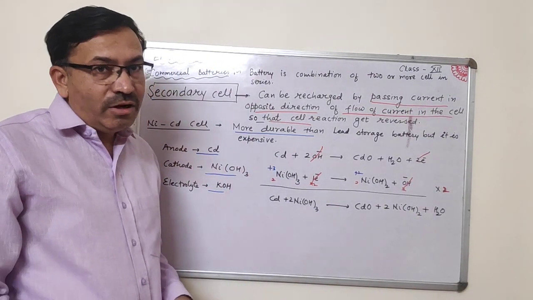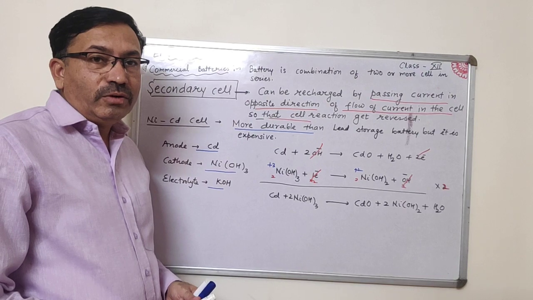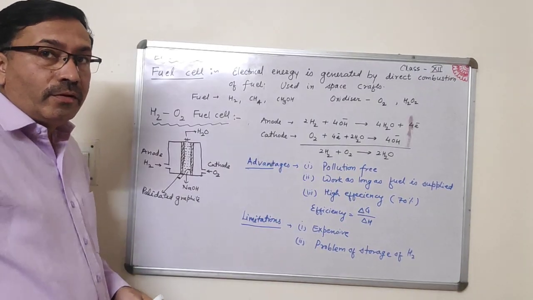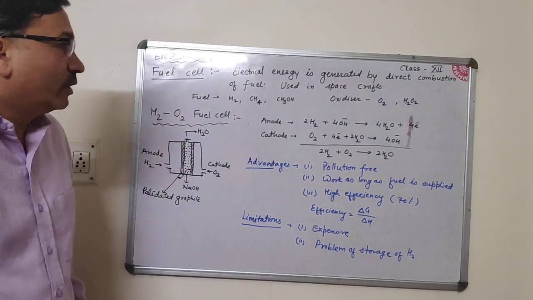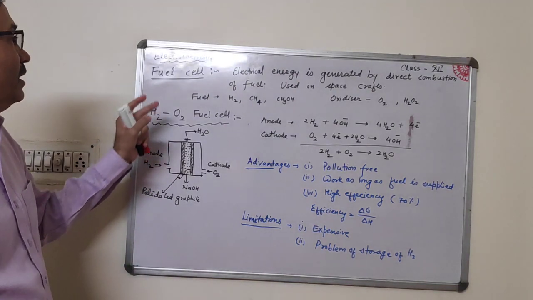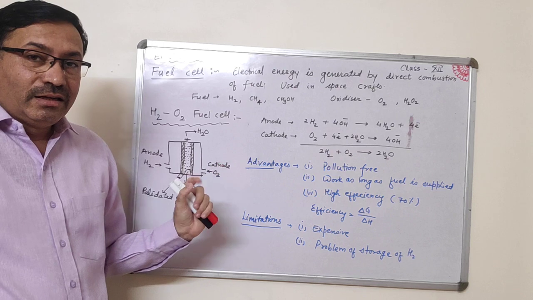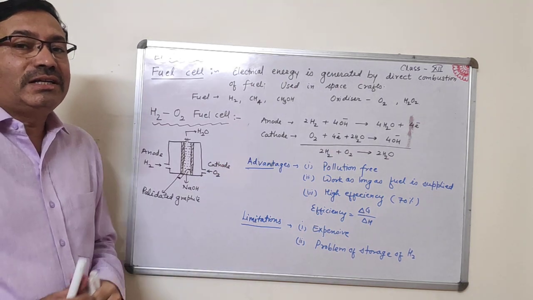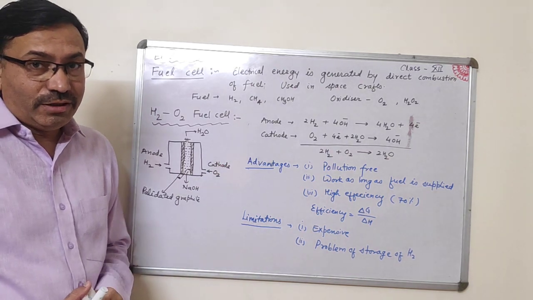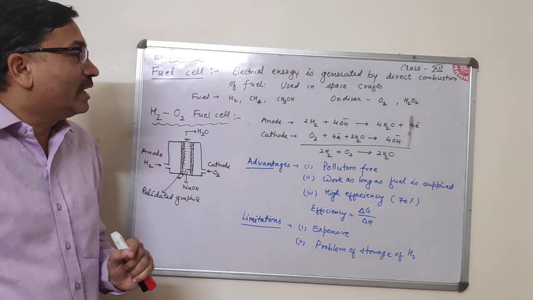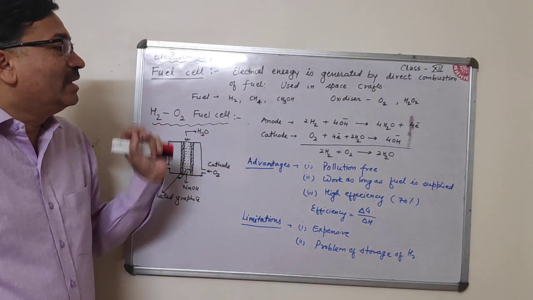Next we are taking the fuel cell, very useful. Okay, so in the fuel cell, what is a fuel cell? See, it's a little different. In primary cell and secondary cell, the cell reaction was taking place in a different fashion. And in the case of the fuel cell, the cell reaction will be taking place in a different fashion.